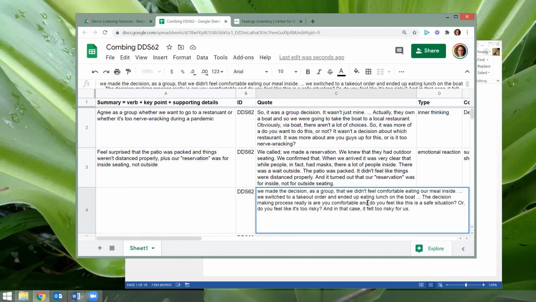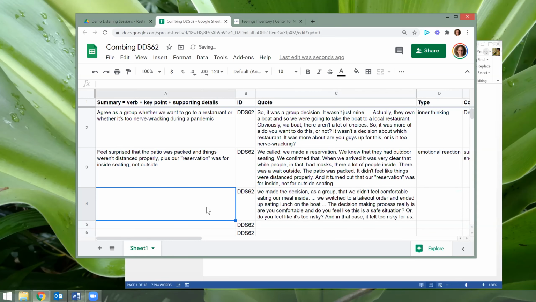The decision-making process is, are you comfortable? Is it safe or is it too risky? Okay, so here we're doing some inner thinking. What are some verbs that we could use? I'm just going to write the verbs over here so we're not hopping back and forth on this recording. So decide, certainly. Consider.